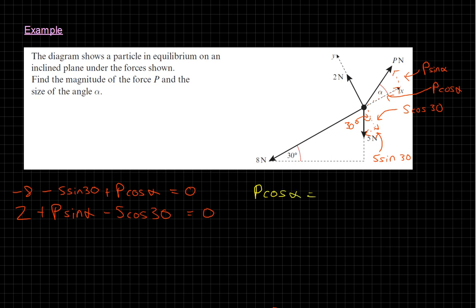So let's say P cos alpha is going to be equal to 8 plus 5 sine 30. And P sine alpha is going to be equal to 5 cos 30 minus 2.